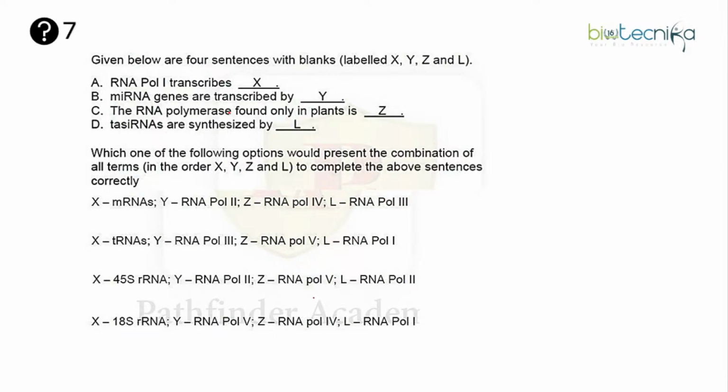The RNA polymerase found only in plants is dash. tasiRNA are synthesized by dash. These three are something we have discussed in class as well, isn't it? RNA pol 1, miRNA, RNA polymerase found in plants. At least those who have attended my class should know this.